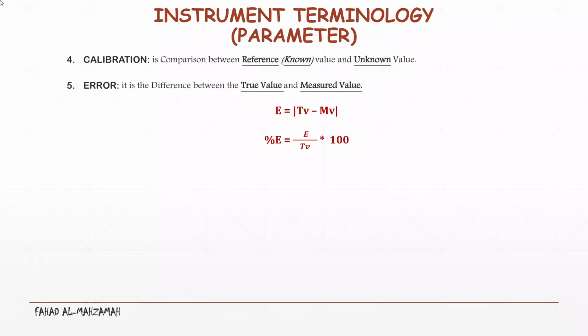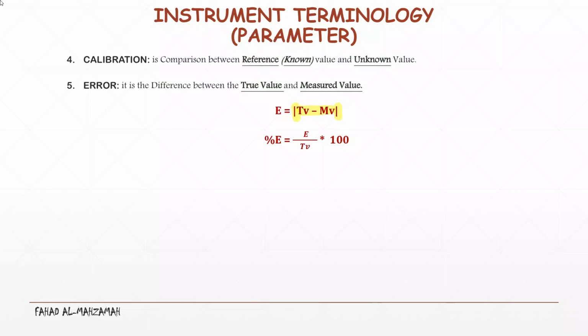So what is the formula for error? Error is the difference between true value and measured value, and mostly we take the quantity of error as positive. So all the time we will have the absolute value.